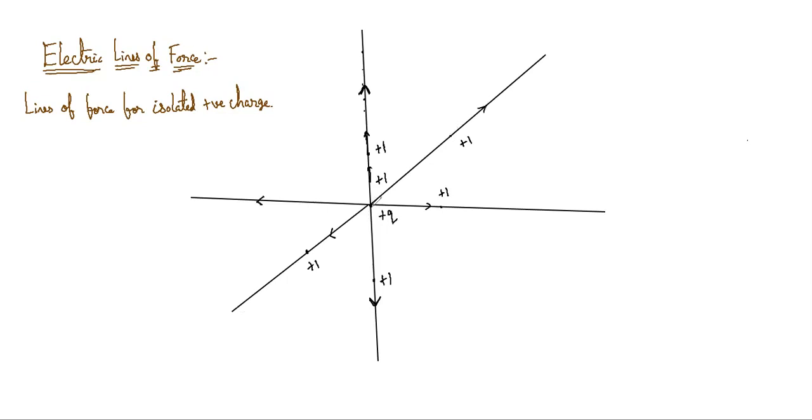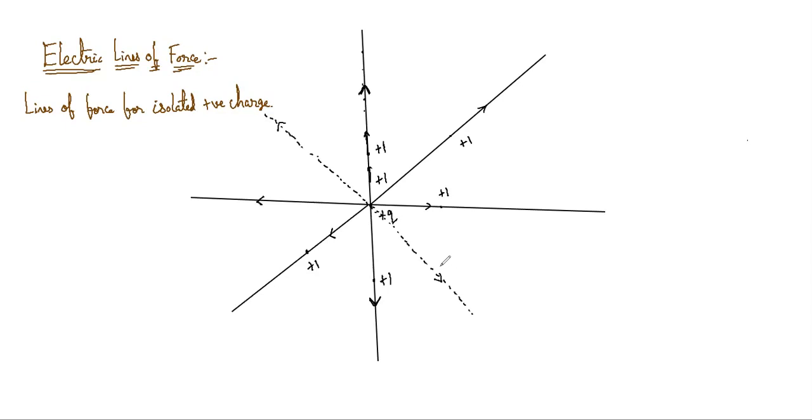So basically all around the charge, if you see, there are these imaginary lines along which the electric field is present. So that is the significance of electric lines of force.